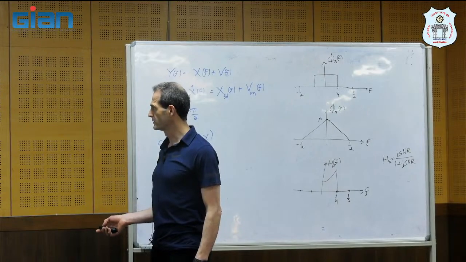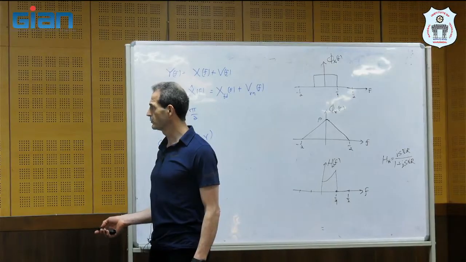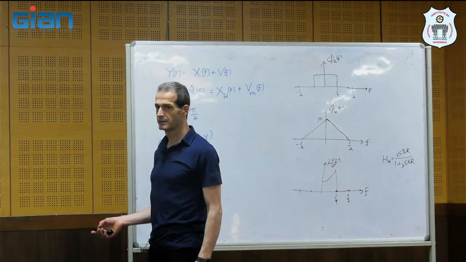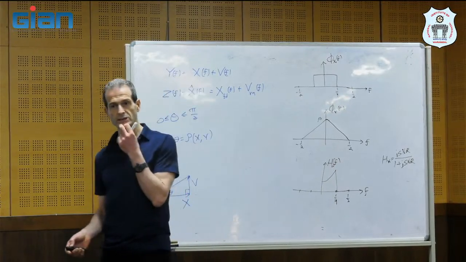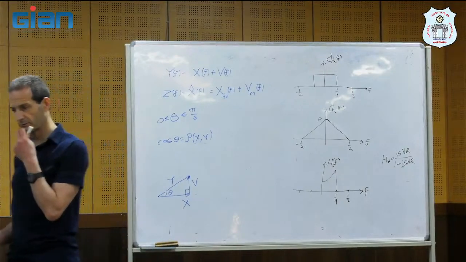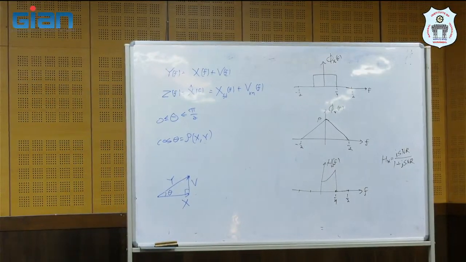So what do you think? What is the spectrum of white Gaussian noise? Constant, okay. Let's see if it's constant. What about this sine or cosine, that doesn't really matter?